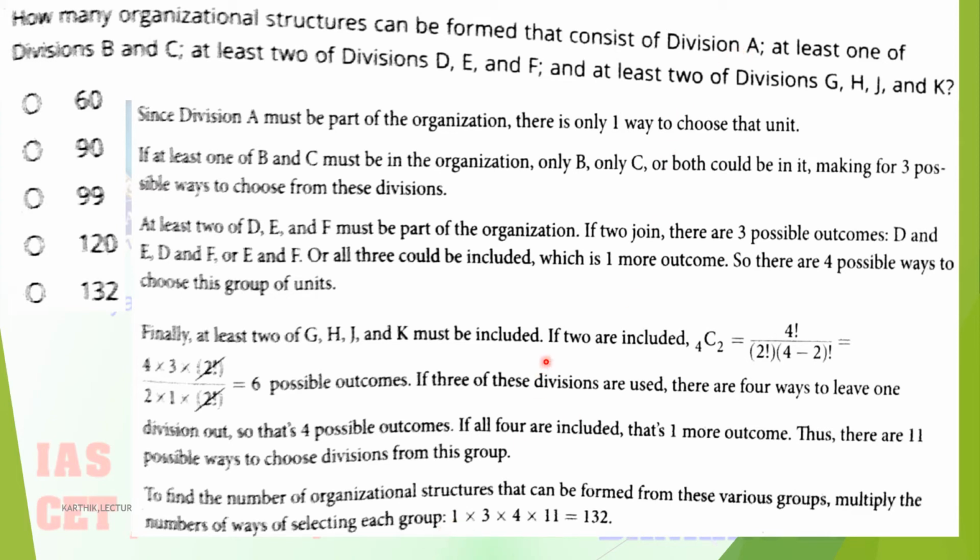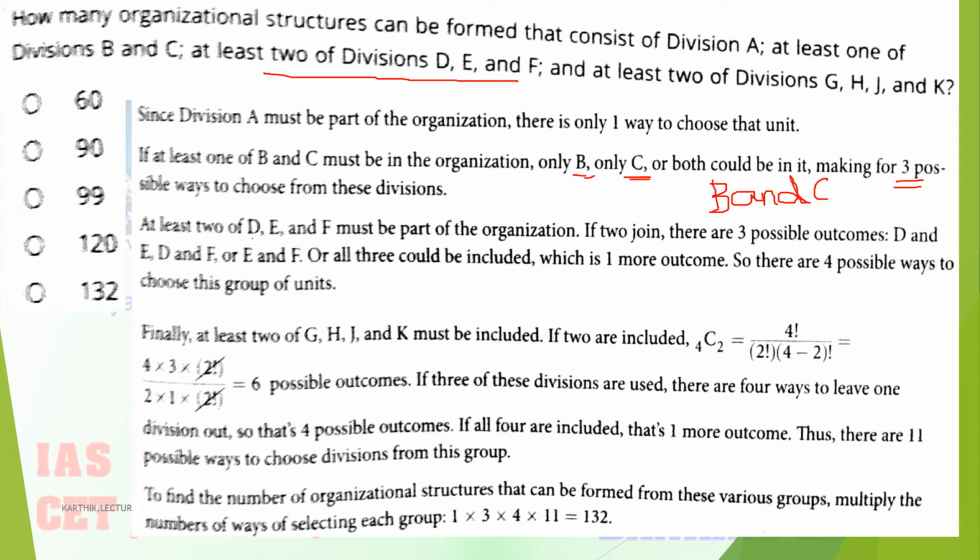In the second one, at least one of the combination, either B or C or both B and C. So how many combinations are possible? 3 combinations are possible, either B or C or both B and C. Next, take at least two divisions of DEF.